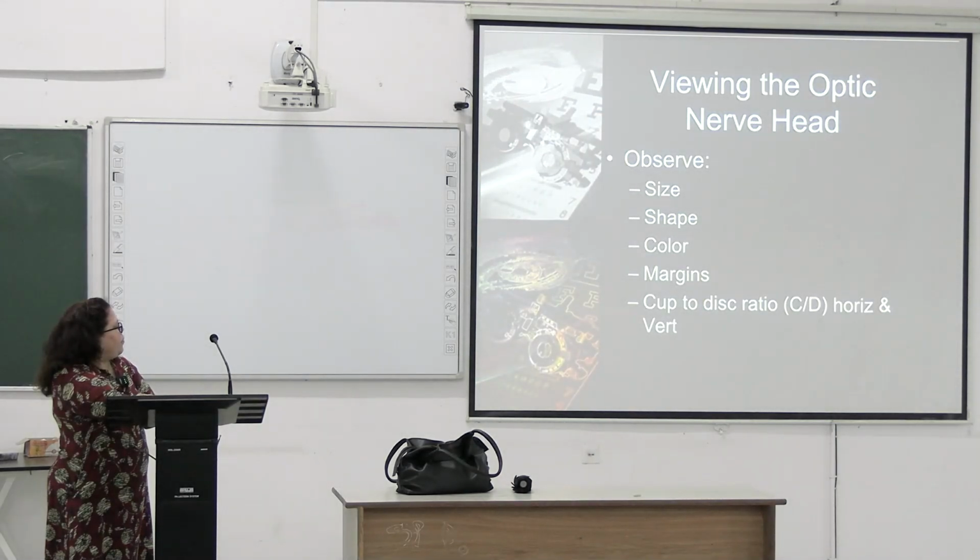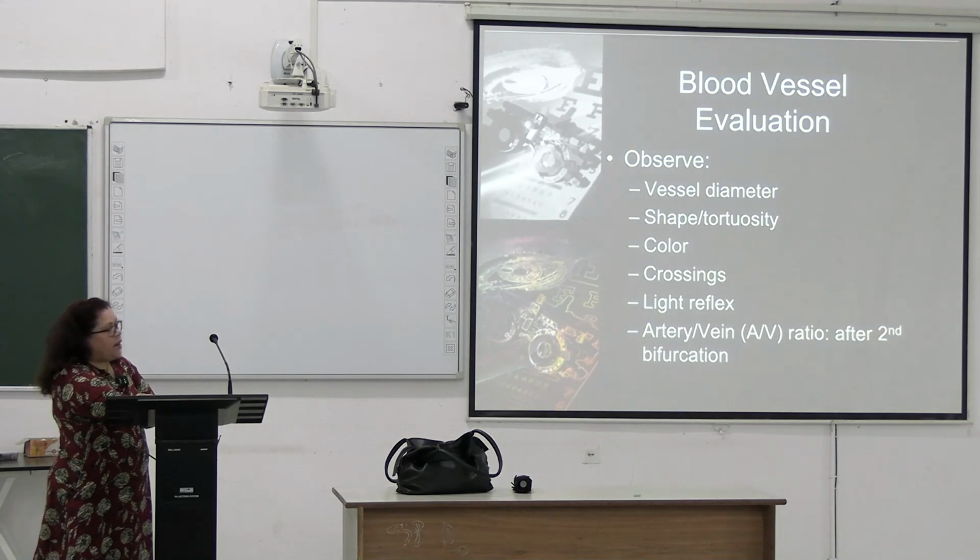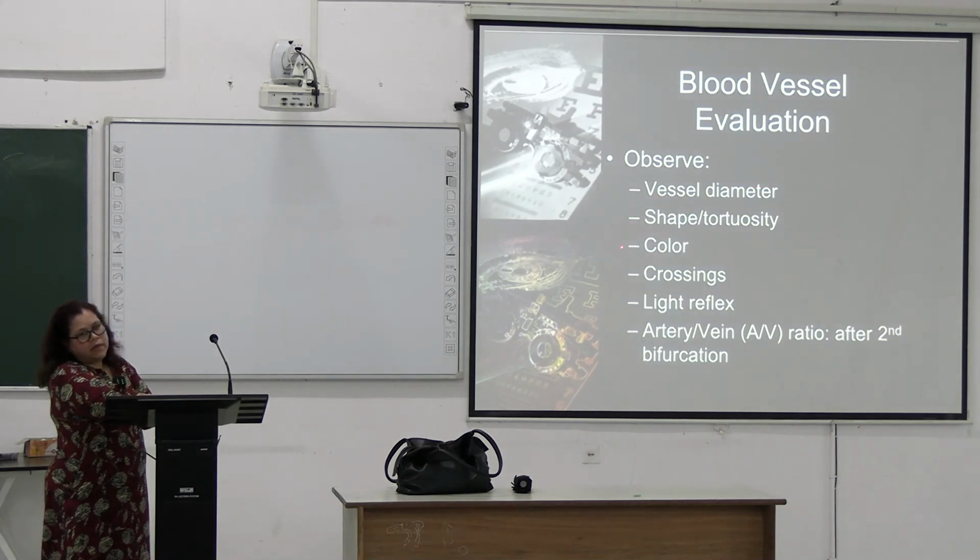Then optic nerve. We examine the optic nerve: size, shape, color, margins, cup disc ratio. Then blood vessels. We examine the diameter of the vessels, and the shape and tortuosity.